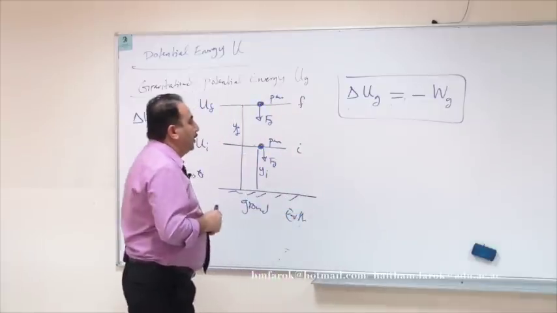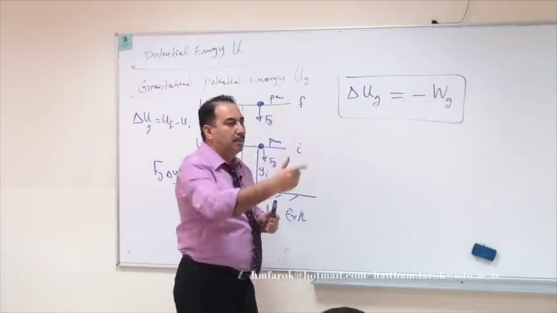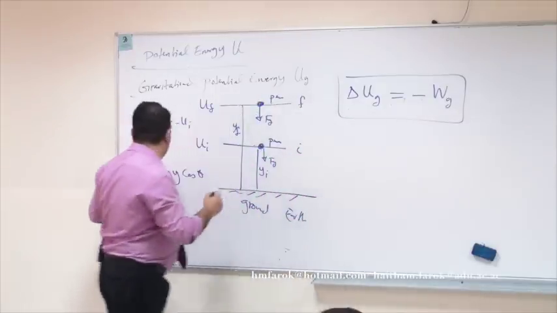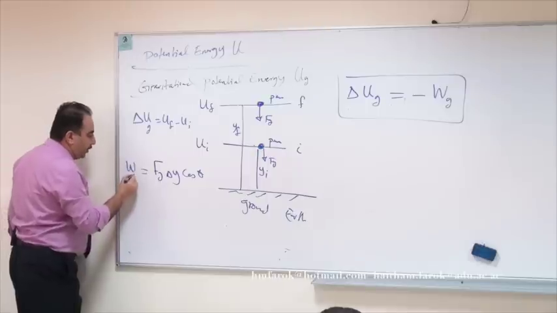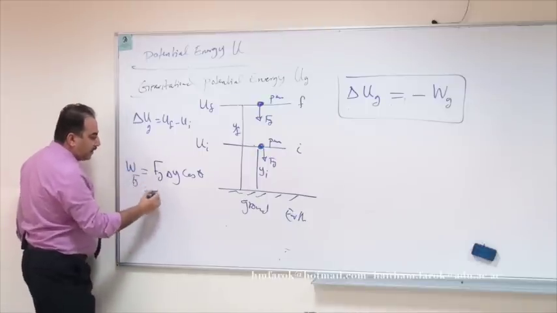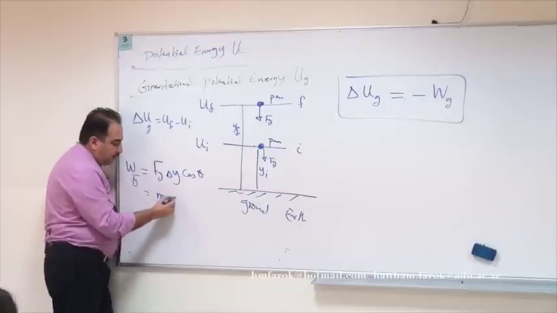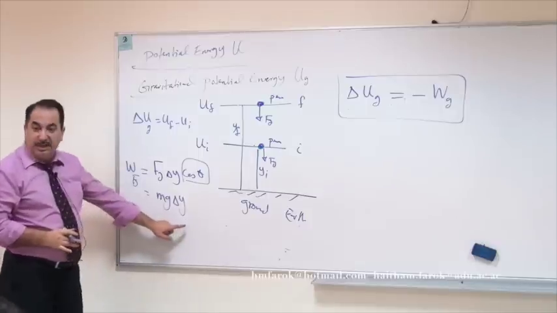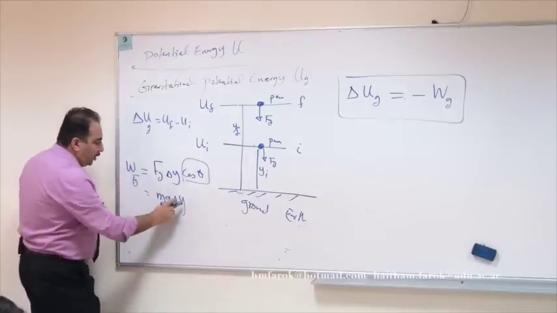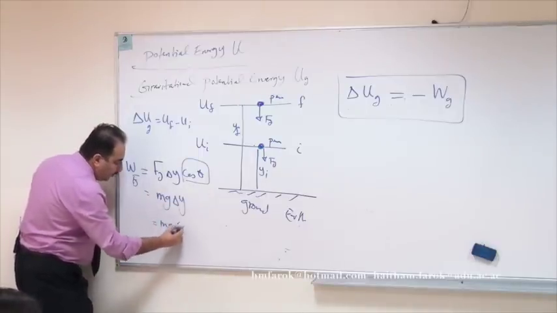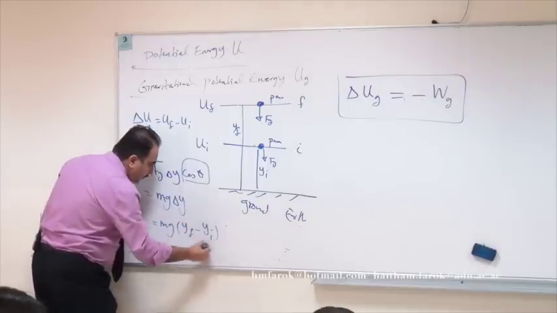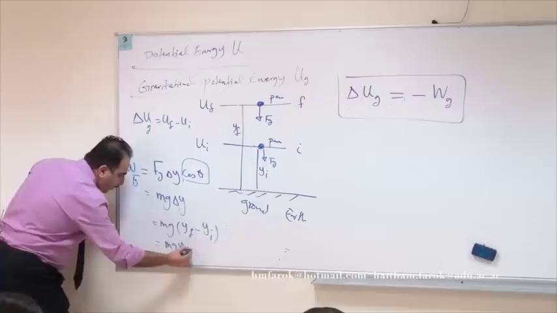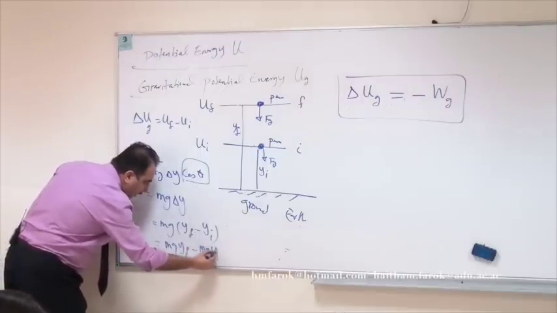All right? Now, delta U gravity, or here, sorry, W of gravity, it's mg, yes? Delta y. Now, ignore this part now because it's sometimes positive. Mg and delta y, y final minus y initial. So if I open this one, I'll have mg y final minus mg y initial.